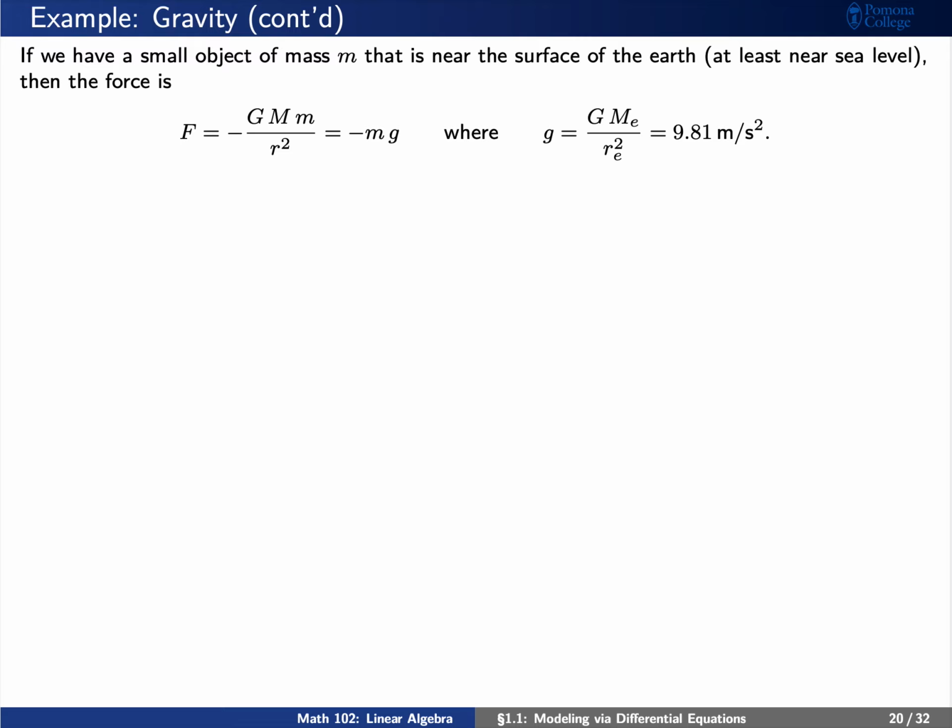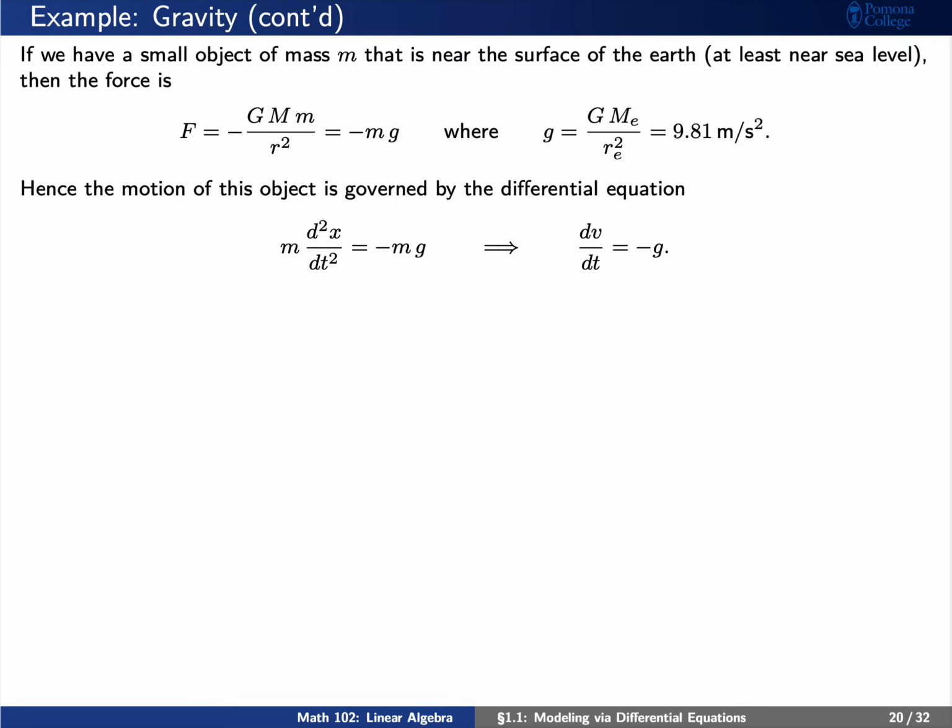We can write Newton's law of gravitational attraction as simply F equals negative m times lowercase g, where now lowercase g can be written in terms of the universal gravitational constant capital G, the mass of the Earth, capital M sub e, and the radius of the Earth, r sub e. This lowercase g is just the gravitational acceleration and is equal to 9.81 meters per second squared.